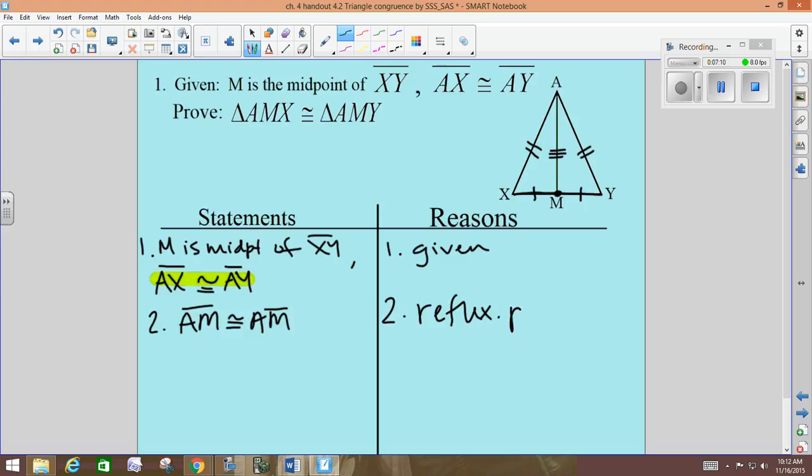Good. There's two of the three pairs. XM is congruent to MY. Those are the little ones on the bottom. How did we know that those little ones on the bottom are congruent? Because of the midpoint, the definition of a midpoint.